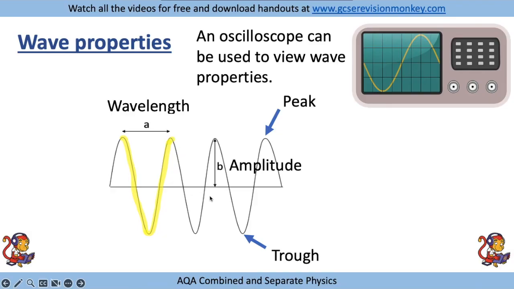So that could be one complete wave, or starting here, going up, down and up again to the same point would also be one complete wave. So you could also measure the wavelength between these two points, for example. That would also be wavelength, that would be the same distance as you've measured over here in A.